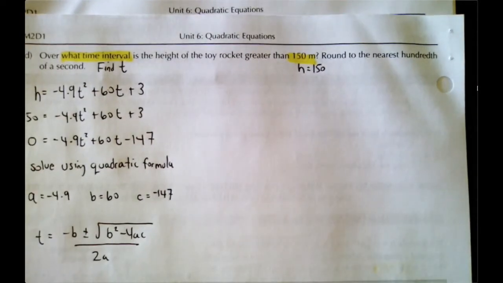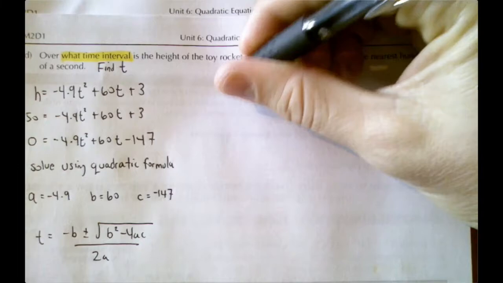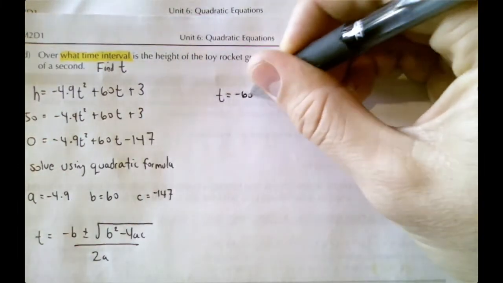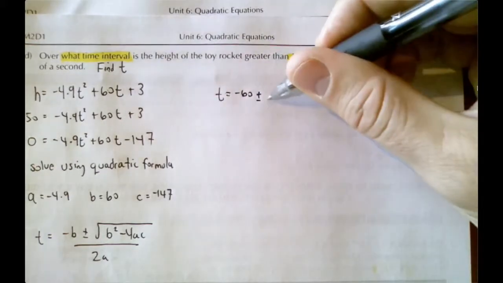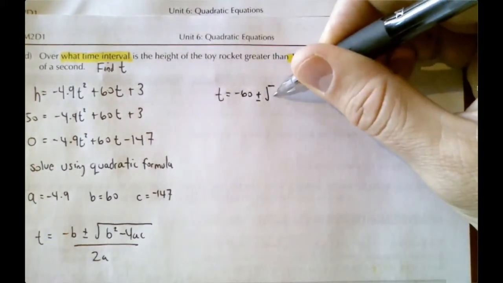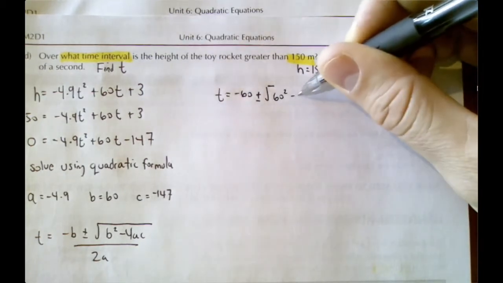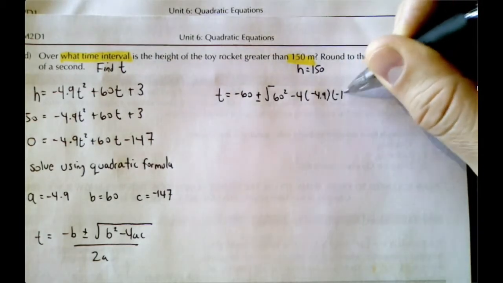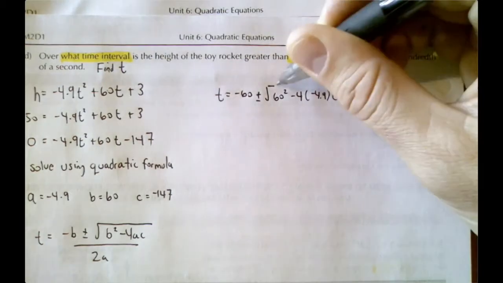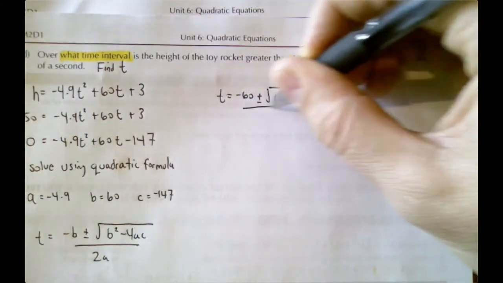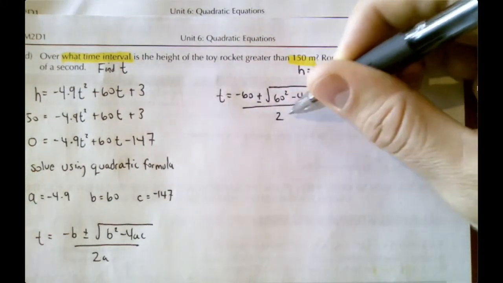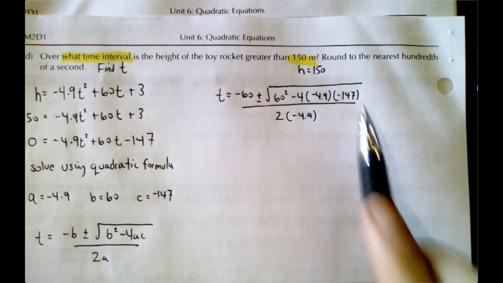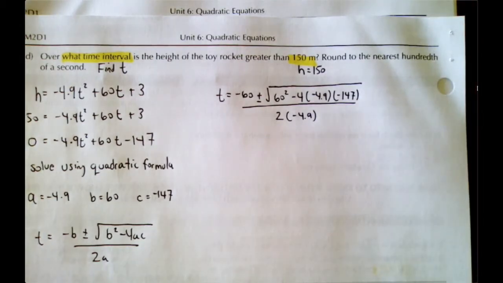So let's fill that in. t equals negative b, so negative 60, plus or minus the square root of 60 squared minus 4 times a times c, all over 2a. The only thing that really changed is this last number. Everything else was the same from the last time we did it.